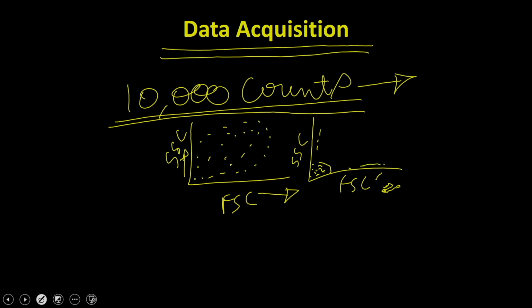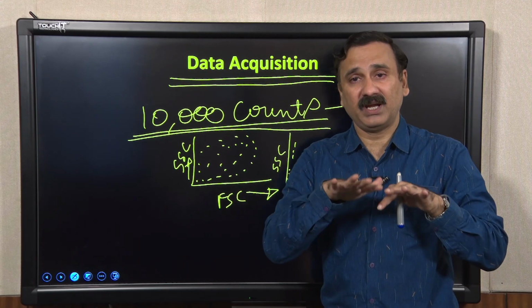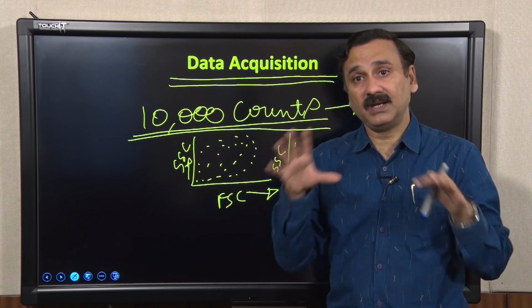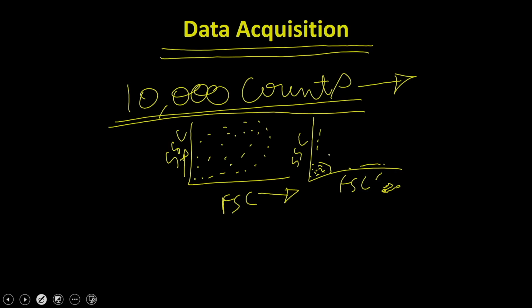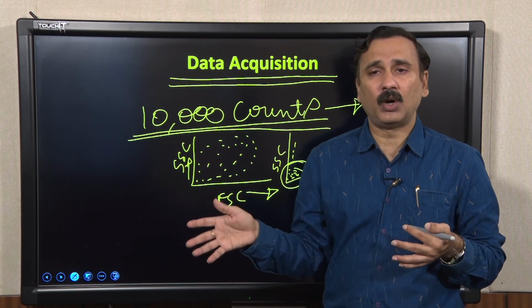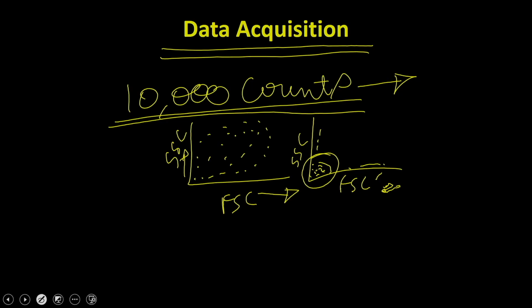This is a sample which is well prepared, because you are getting a distribution of all the cells in the FSC versus SSC, and now you can see all the cell populations present in the sample, whereas in this case all your cells are present at the left corner, which means either the way you have processed the sample is destroying the other cells, or it is causing aggregates of these cells.